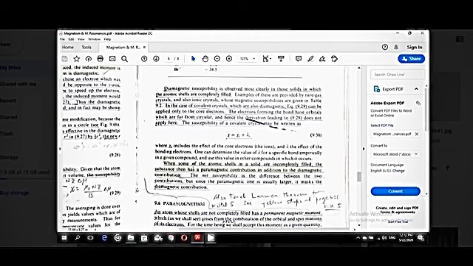The susceptibility of a covalent crystal may be written as chi is equal to chi I plus lambda, where chi I includes the effect of the core electrons and lambda is the effect of the bonding electrons. So for covalent diamagnetic substances, the situation is a bit different. One can determine the value of lambda for a specified bond empirically in a given compound and use this value in other compounds in which it occurs.